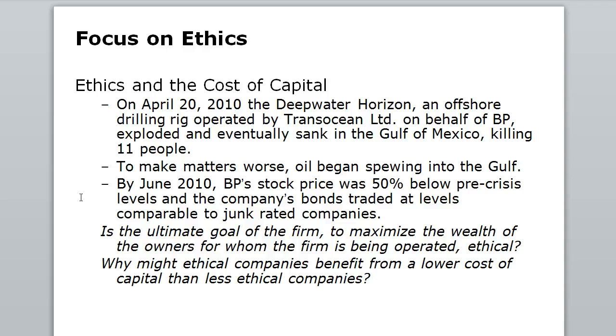If the ultimate goal of the firm is to maximize wealth, then a decision may be positive in the short run, but it affects your long-term maximizing of shareholders' wealth if your unethical decisions come back to make the company look bad. This is something to consider when you're making decisions at the corporate level: you could do something that saves money right now, but long-term could be a problem.